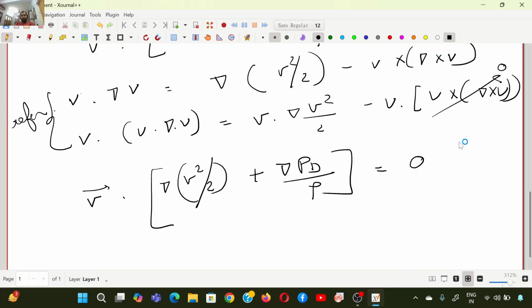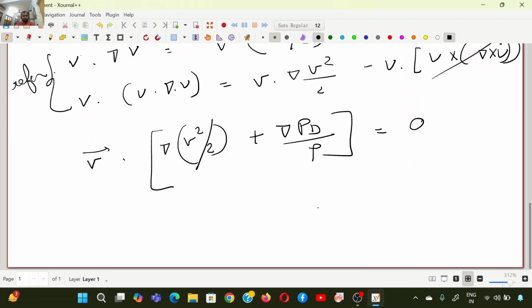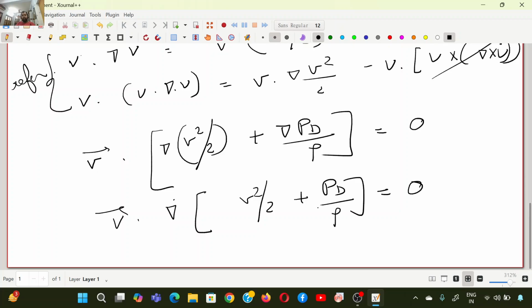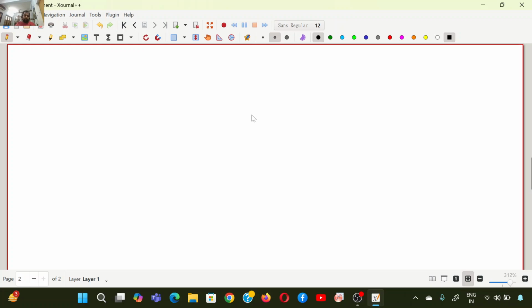If we take del outside, it's V dot del of V square by 2 plus PD by rho equals 0. And PD is the dynamic pressure, right? Let us break it into the normal pressure and the gravity term.